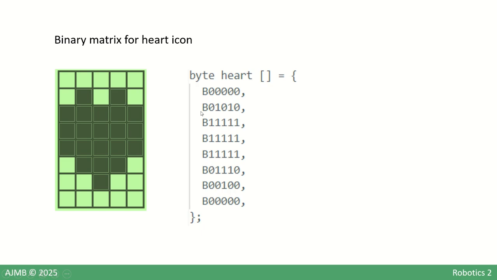And an important observation that you can make here is that there are 1, 2, 3, 4, 5, 6, 7, 8 rows of binaries. And then per row, there are 1, 2, 3, 4, 5 zeros and ones as well. So that corresponds to the 5 by 8 matrix of your cell.